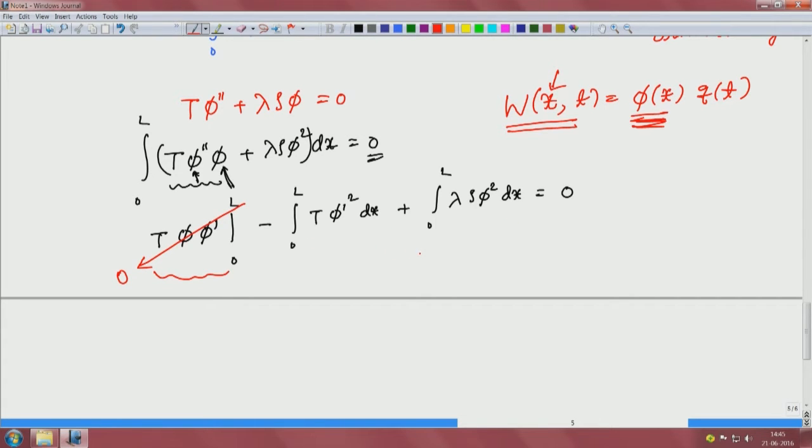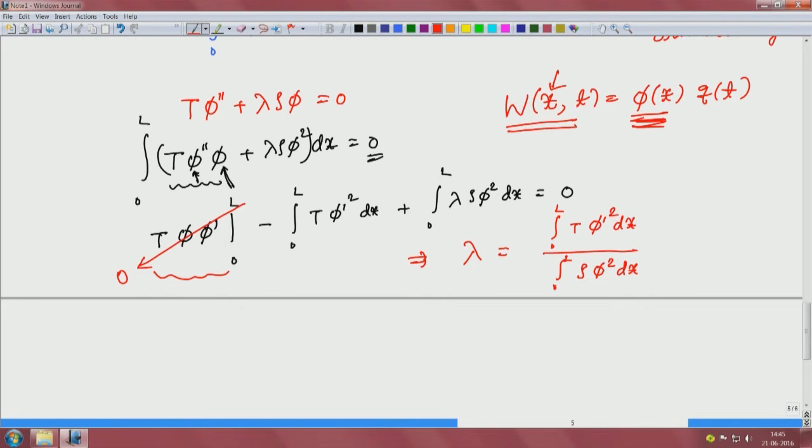Now, here we get something very important: lambda is equal to integral 0 to L T phi prime square dx divided by integral 0 to L rho phi square dx. You see this lambda now has no way of becoming negative because tension T is positive.